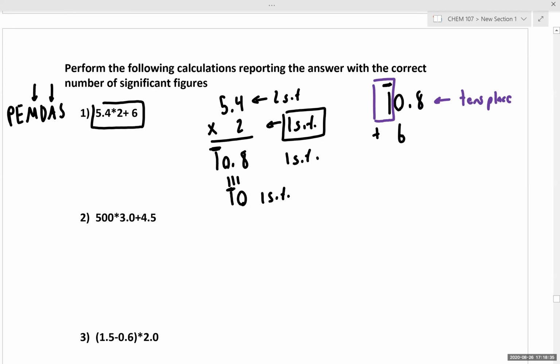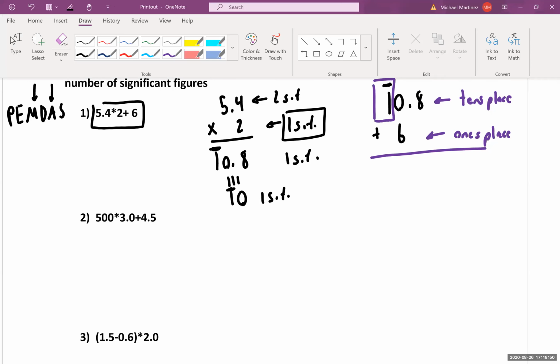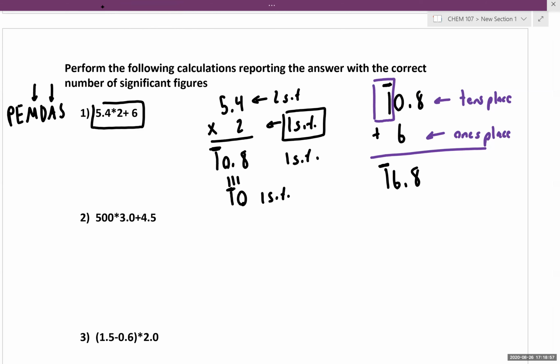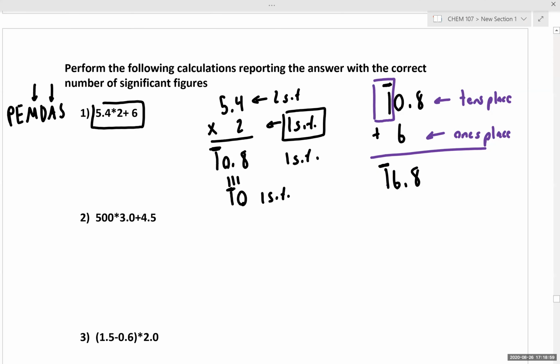This 0 and 0.8 are not significant digits. 6, on the other hand, has a digit in the ones place. So then, when we add our two numbers together, we get 16.8, and we have to round to the tens place. Following our rounding rules, we look one step to the right, and that in turn gives us a final rounded value of 20.